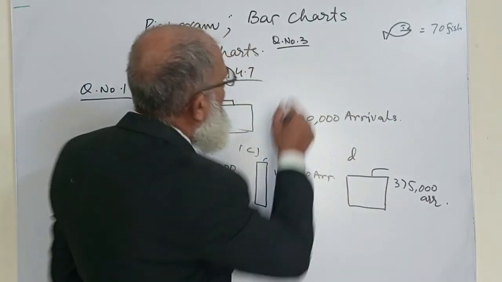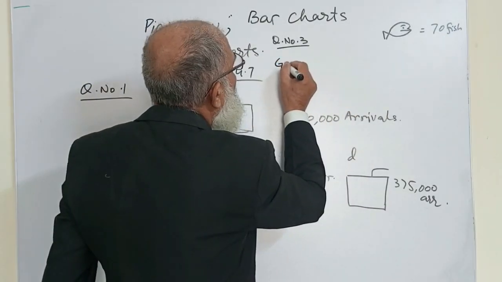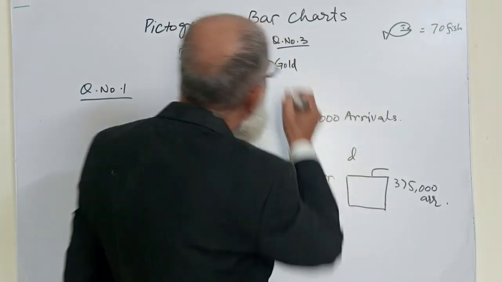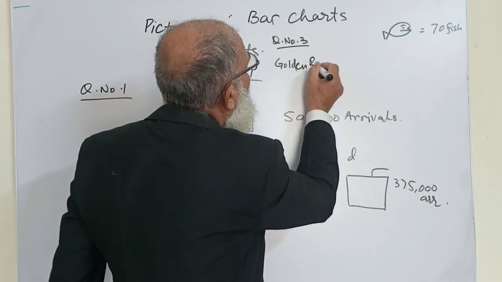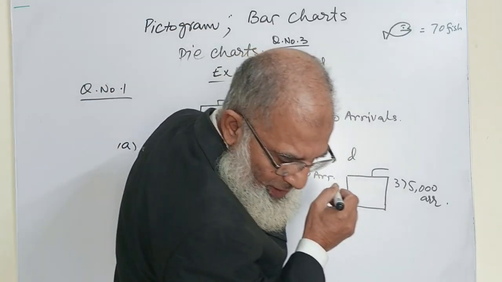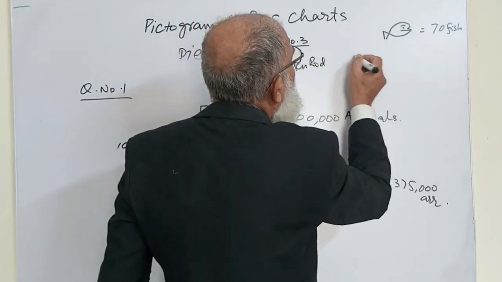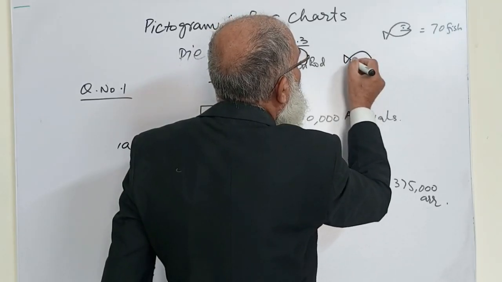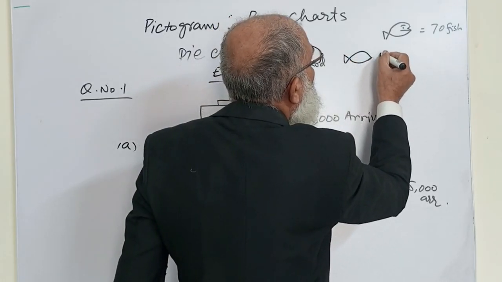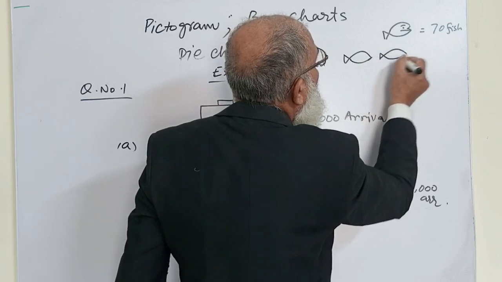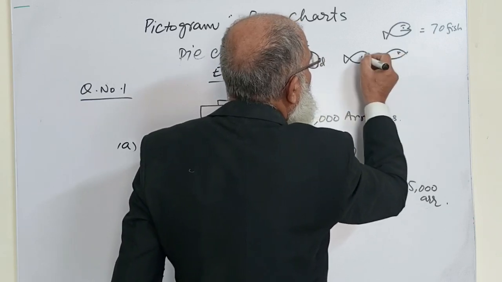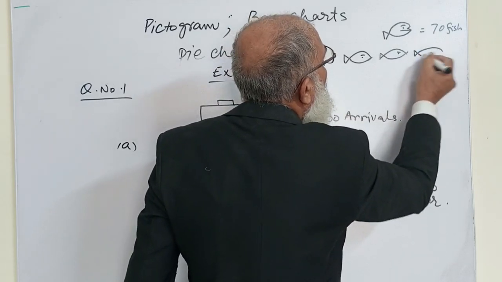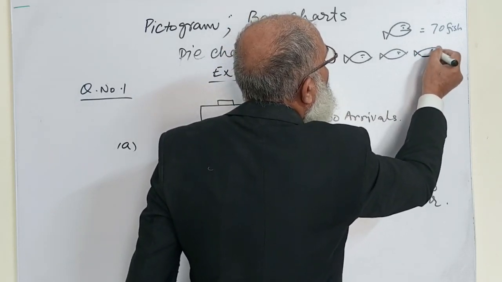Now, golden rod. Now there is a golden rod. So there are how many? Three fish in total. One, two, and three.